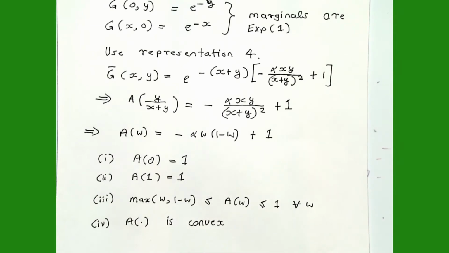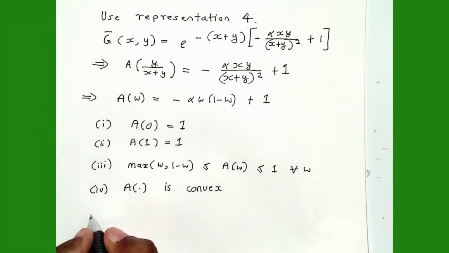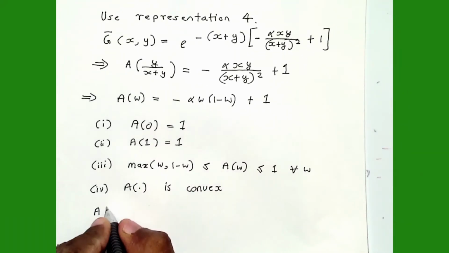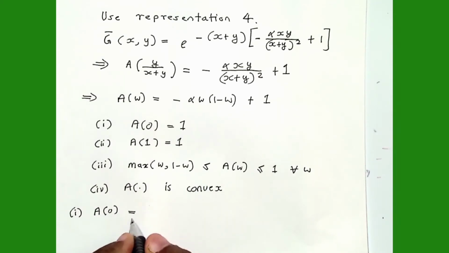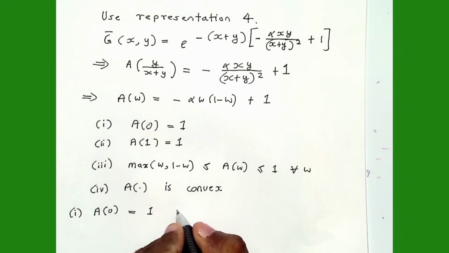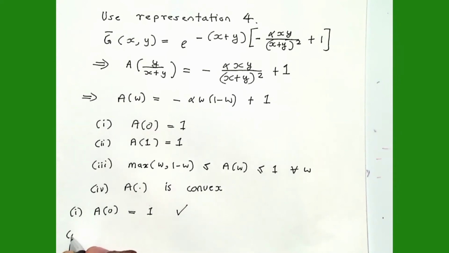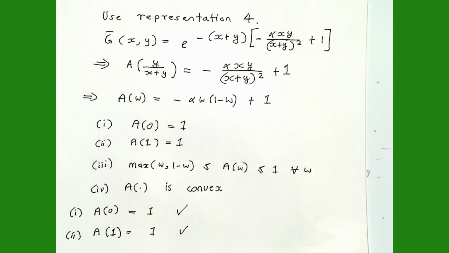All right, so let's start with condition 1. So to do condition 1, you just put w equal to 0, so which clearly implies A is 1. So that is satisfied. Condition 2, you put w equal to 1. Again A is equal to 1, so satisfied.